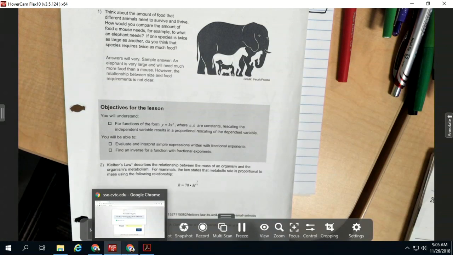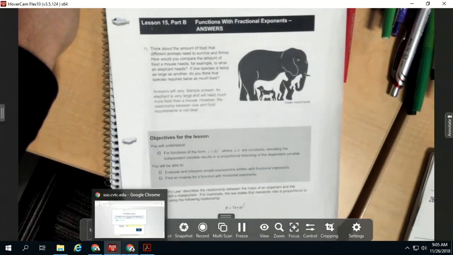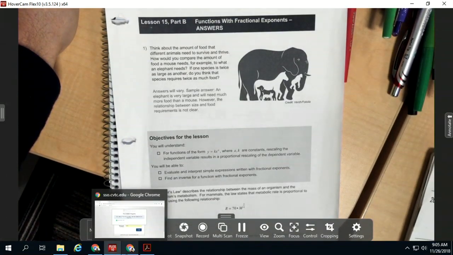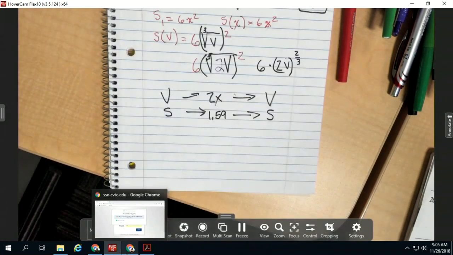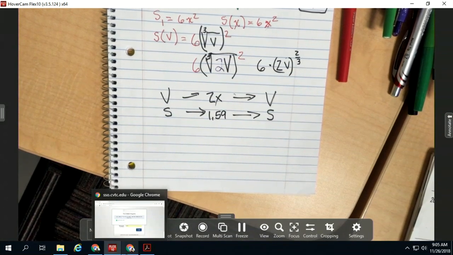Here we go. Think about the amount of food that different animals need to survive and thrive. How would you compare the amount a mouse needs to what an elephant needs? Well, obviously, an elephant is going to need more food, right? But how would you go about making a comparison?